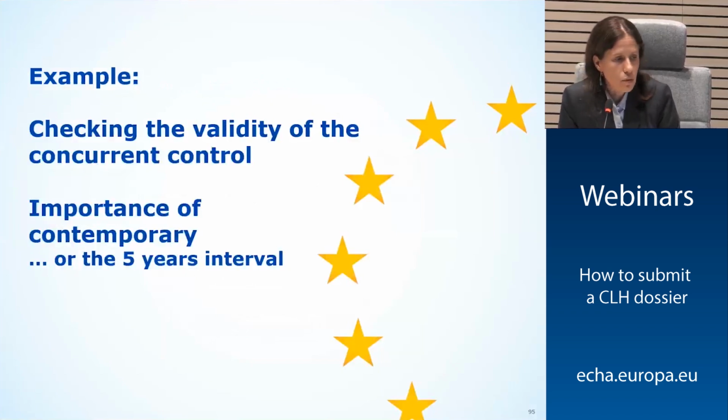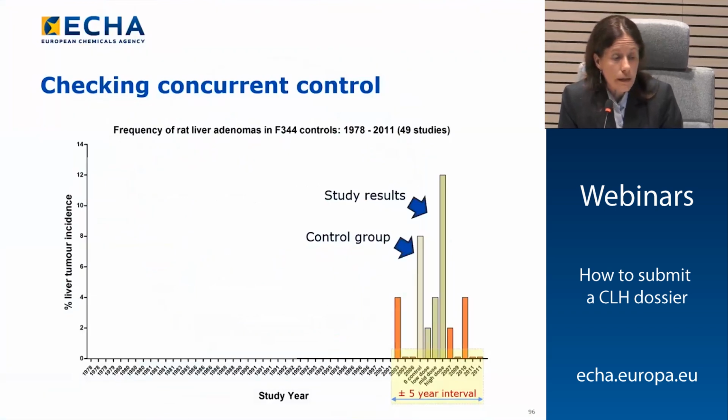The first one will help us understand why and how the historical data can be used to check the validity of the concurrent control, and the importance of the 5-year interval, so the limited time interval. This is a real case that we had at RAC a couple of years ago. It is about the frequency of rat liver adenoma.